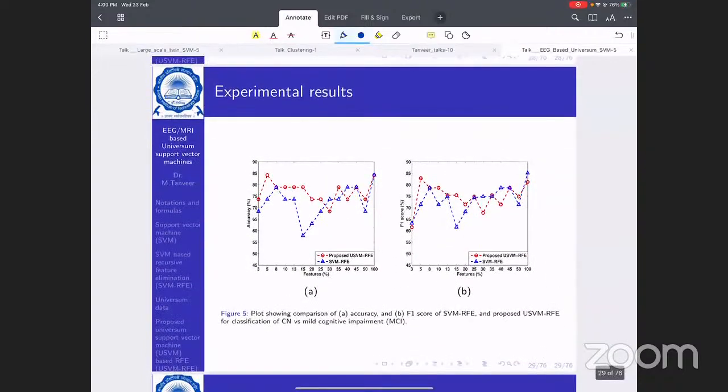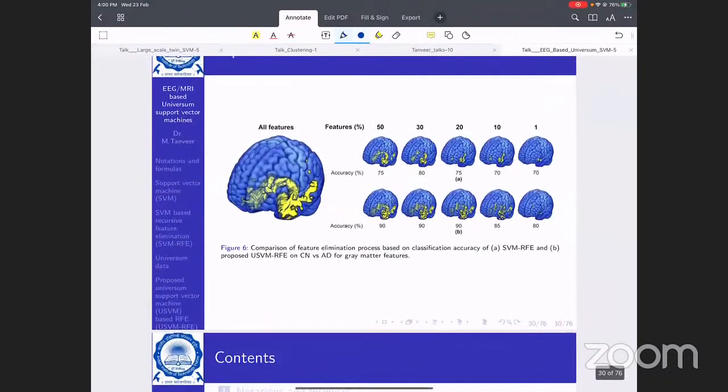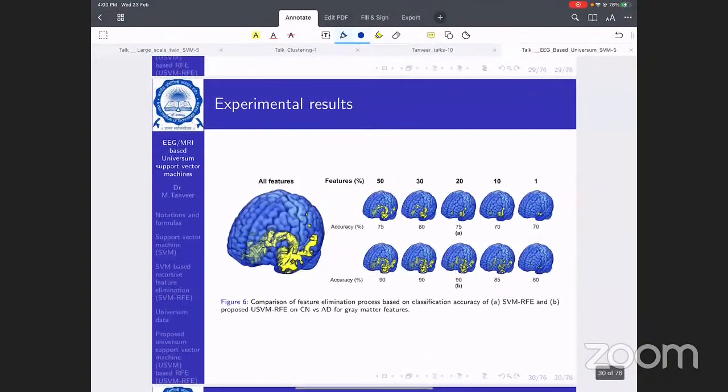And these are a few numerical experiments, and more experiments here. This is also again CN versus AD, just to check when we are considering features at 75%, sorry, 50%, 30%, 20%.